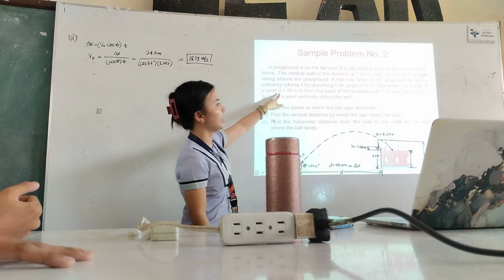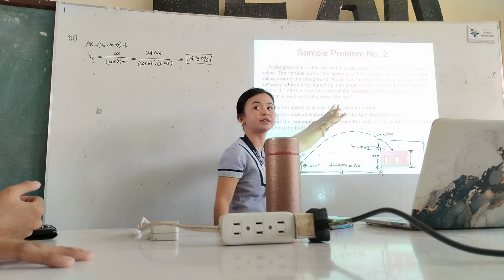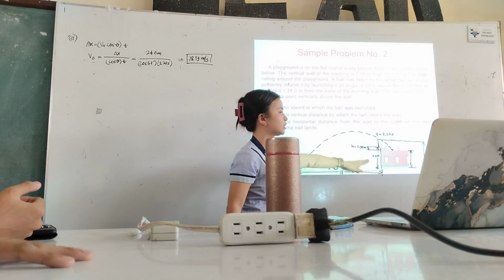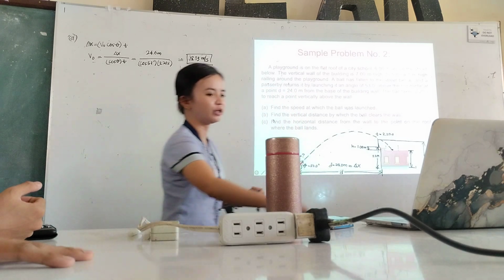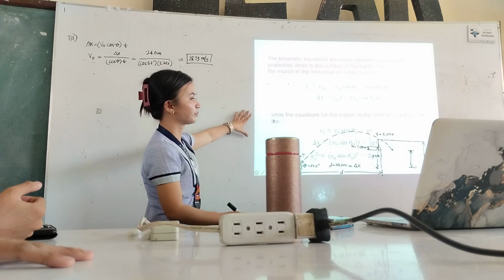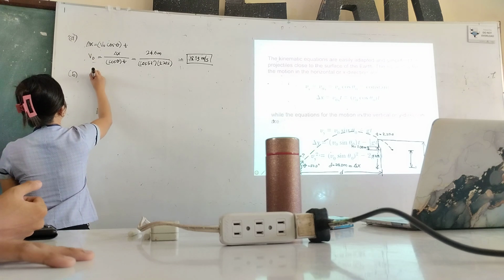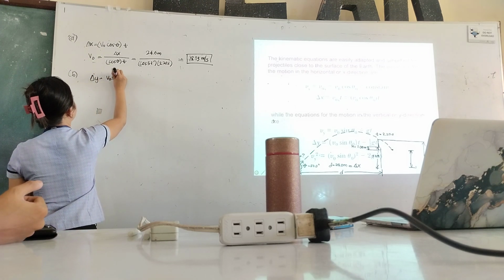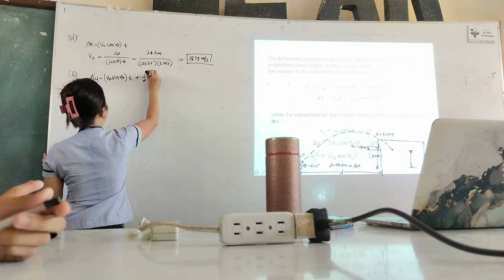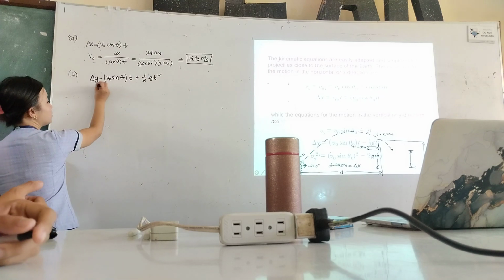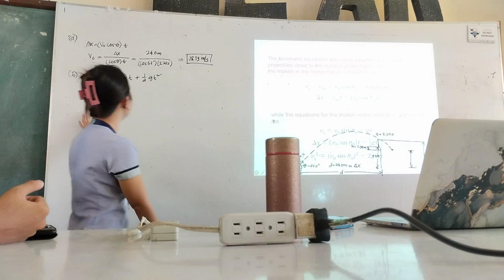The ball takes 2.2 seconds to reach a point vertically above the wall, so we use the time 2.2 seconds. At this time, what is the vertical displacement? The formula: delta y is equal to V0 sine theta time plus one-half gt squared. Delta y is unknown.